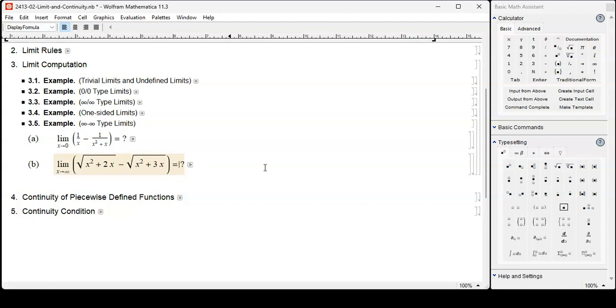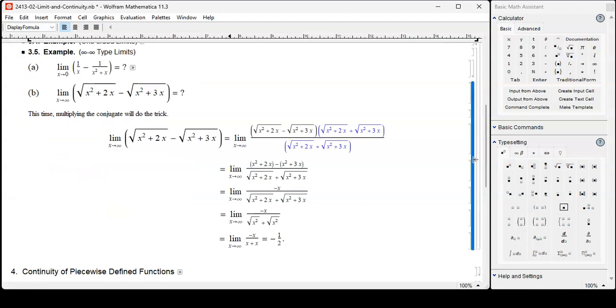So we have infinity minus infinity type limit. And just like the previous example, I want to change it into a fraction form. How do I do that? Well, we have square roots, so think about conjugates. Multiply the conjugate of both numerator and denominator, change this minus to positive, and then do your simplification.